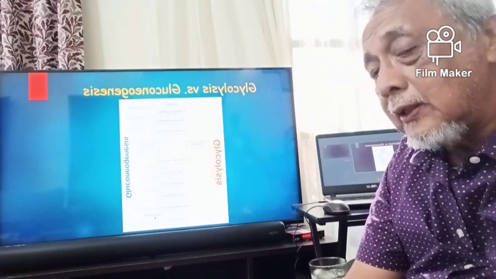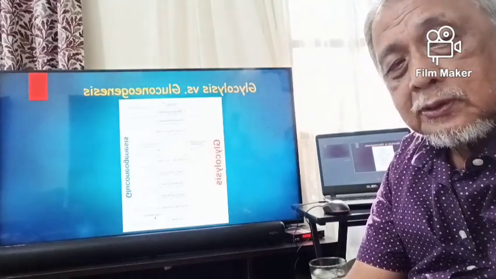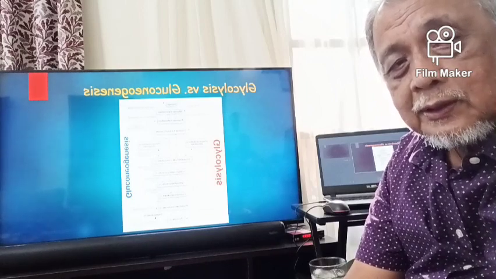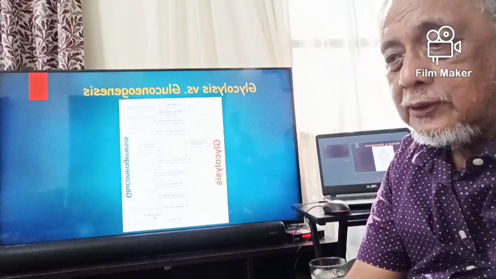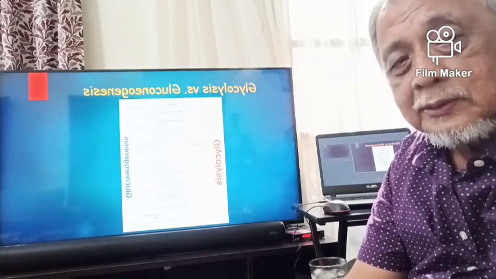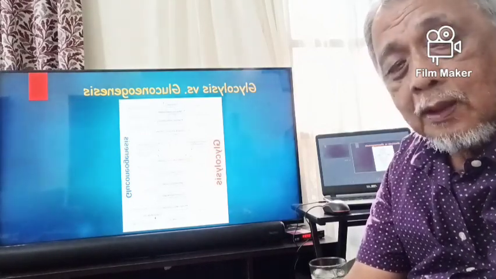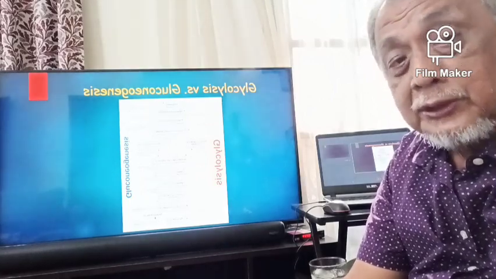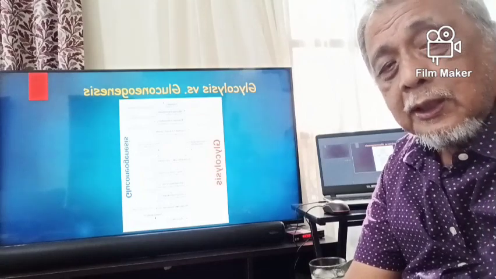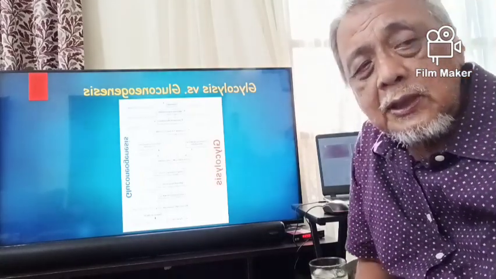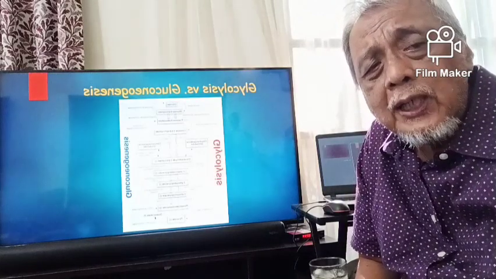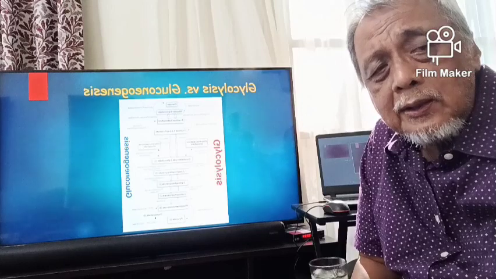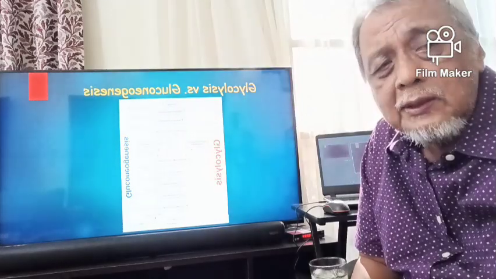The difference is that in glycolysis, the production of glucose comes from the diet. So you eat starchy food or food that is rich in carbohydrate, you end up with the production of glucose that is either used immediately by the cells in the body, or if not needed, this will be stored again in the liver or in other parts of the body.